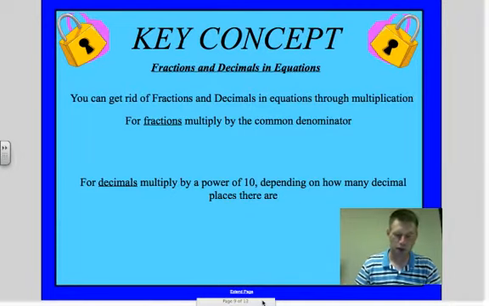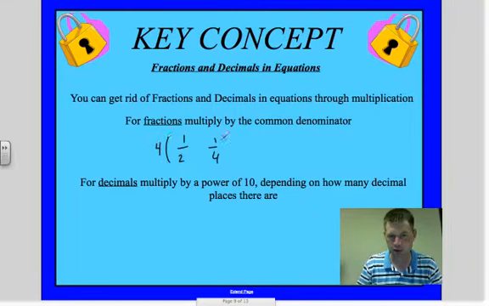For example, if we had 1/2 and 1/4, I multiply by 4, because that would be the common denominator. 4 times 1/2 gives me 2, and 4 distributed into 1/4 gives me 4/4, which is 1. Now I can combine those. Again, there are going to be equal signs, so we have to do that to the other side as well. We'll get into that more. I'm more focused on you getting this piece right here.